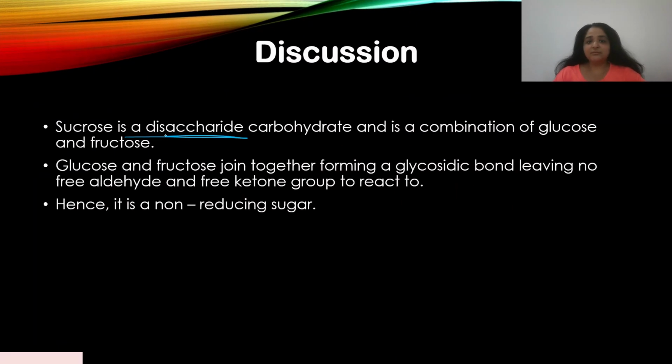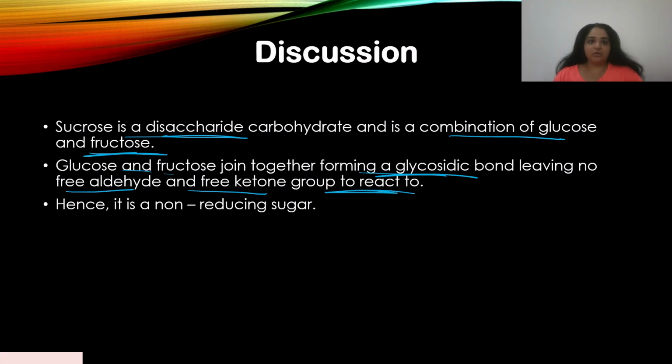So sucrose is a disaccharide, a combination of glucose and fructose. Let's remember that glucose plus fructose forms sucrose. Now, glucose and fructose join together, forming a glycosidic bond, leaving no free aldehyde or free ketone group to react.